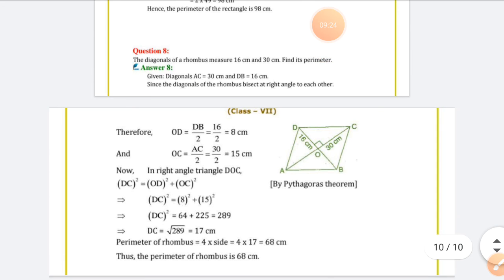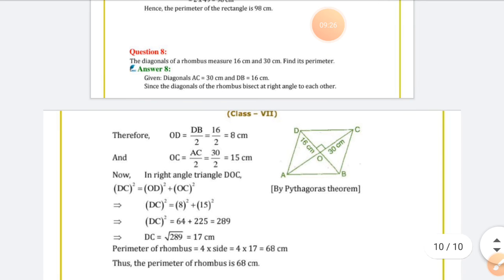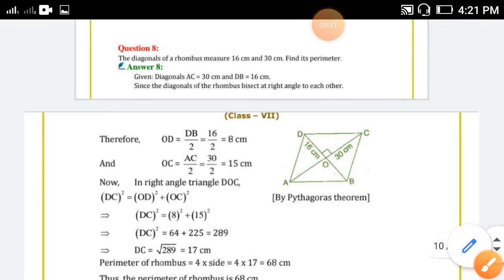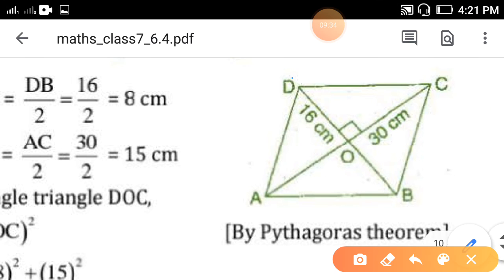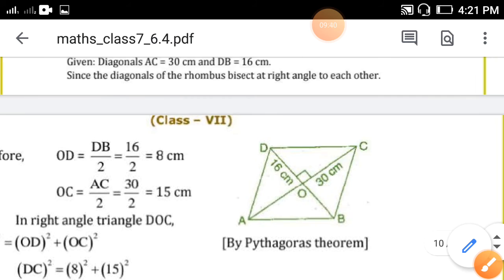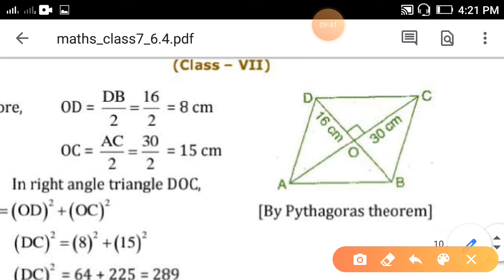Question number 8. The diagonals of a rhombus measure 16 and 30 centimeters. Find its perimeter. Here it's a rhombus. This diagonal is 16 and the other one is 30 centimeters. Find the perimeter: AD plus DC plus CB plus AB.